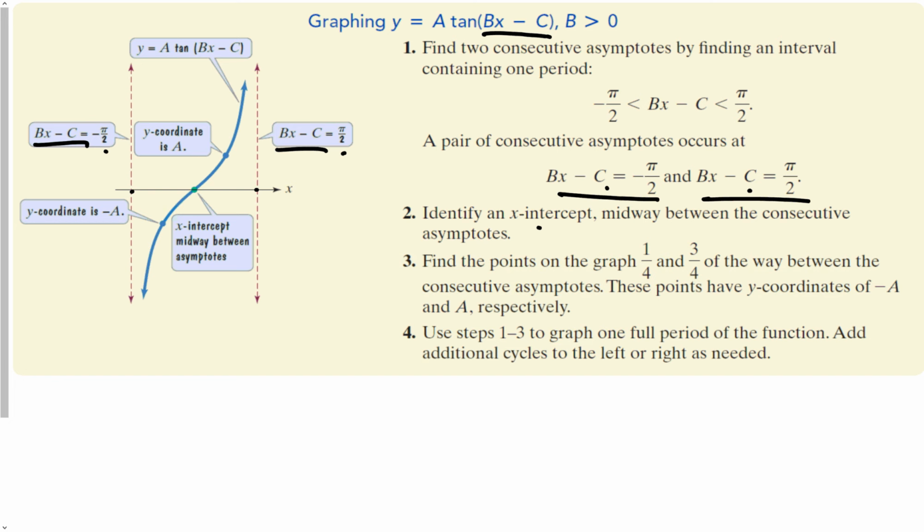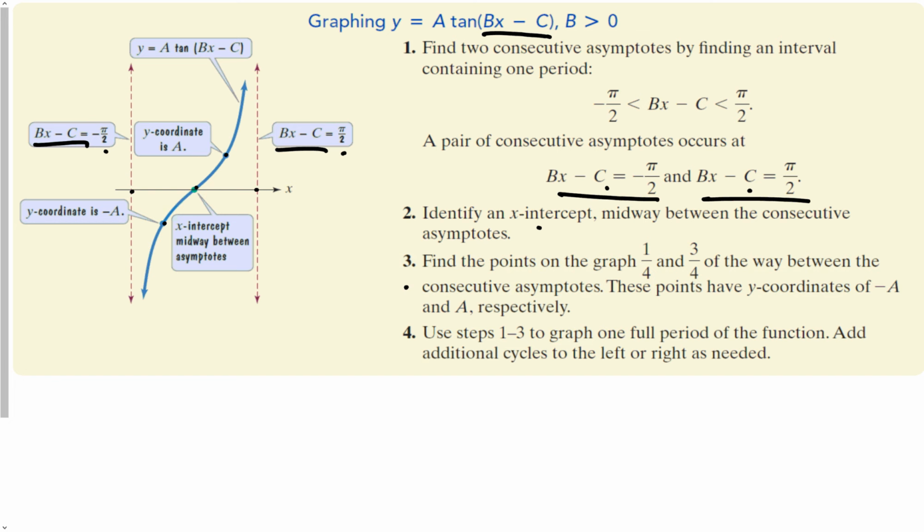The x-intercept is halfway between, and then these 2 points are halfway between that. So we could, if we wanted to, once we find the period, find the quarter period again, because then we're going to get this point, and this point. And that's exactly what we're going to do.